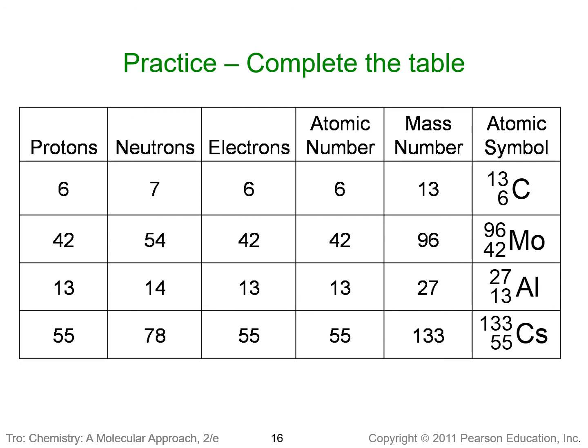The electrons are going to be equal to the protons because the element is neutral. And we write our atomic symbol with the mass number on top, the atomic number on the bottom, and our elemental symbol. We can look at the number of protons on a periodic table in order to come up with our elemental symbols.